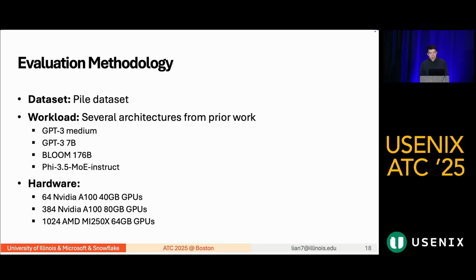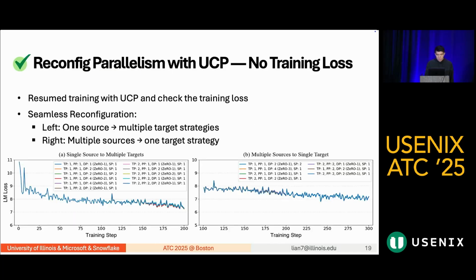To evaluate our system, we run experiments on the Pile dataset with diverse model architectures, including dense and MoE models of different model sizes. We test across both NVIDIA and AMD GPUs, scaling up to thousands of devices. In the experiment, we first verify the accuracy of universal checkpointing, which means whether UCP can enable reconfiguring parallelism without affecting training loss.